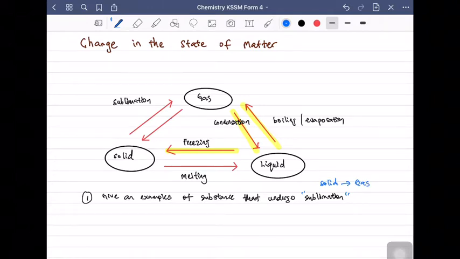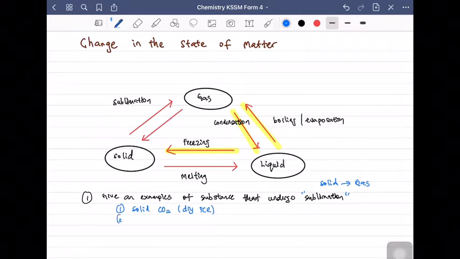An example of substance that undergoes sublimation, the first one is solid carbon dioxide, or we know it as dry ice. It is a cooling agent.